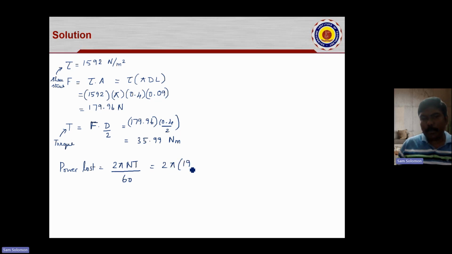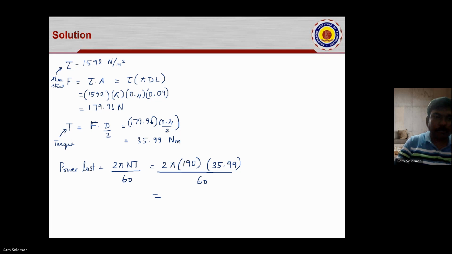The value of speed is 190 RPM. The torque value is 35.99 whole divided by 60. So it should be approximately somewhere around, this guy multiplied by 190 into 2 into 3.14 whole divided by 60.